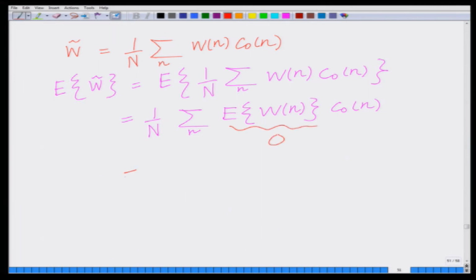Since w[n] is zero mean noise, this is basically 1/N times 0, which is equal to 0. Therefore, we have expected value of w tilde equals 0. Since each w[n] has 0 mean, w tilde also has mean equal to 0, correct.